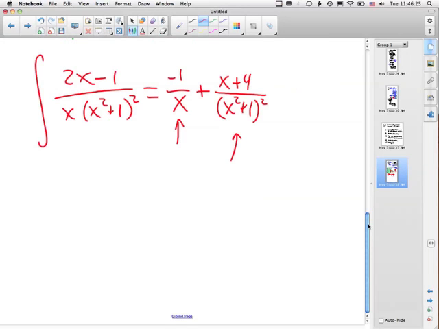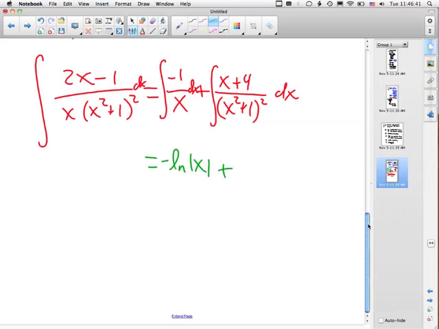Let's do that. There's a dx. First part's easy. Negative log of the absolute value of x. To do the second part, we can break it up a little further. We've got x over x squared plus 1 squared dx, and we have 4 over x squared plus 1 squared dx.